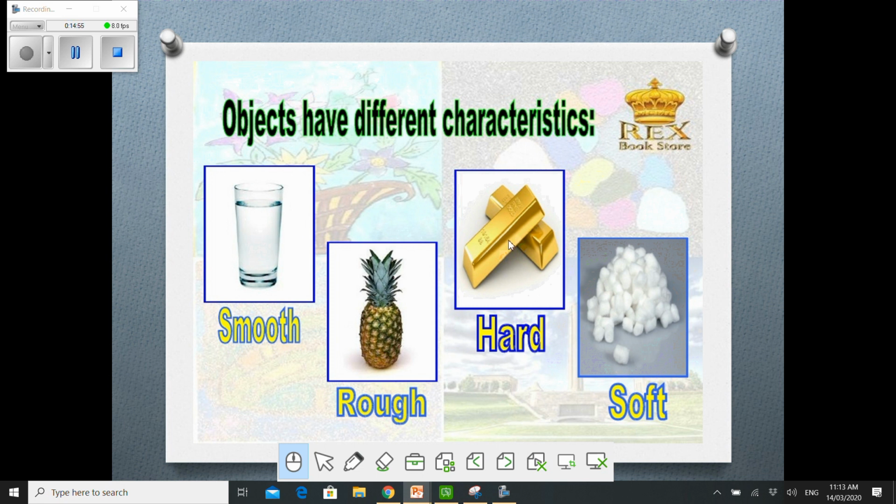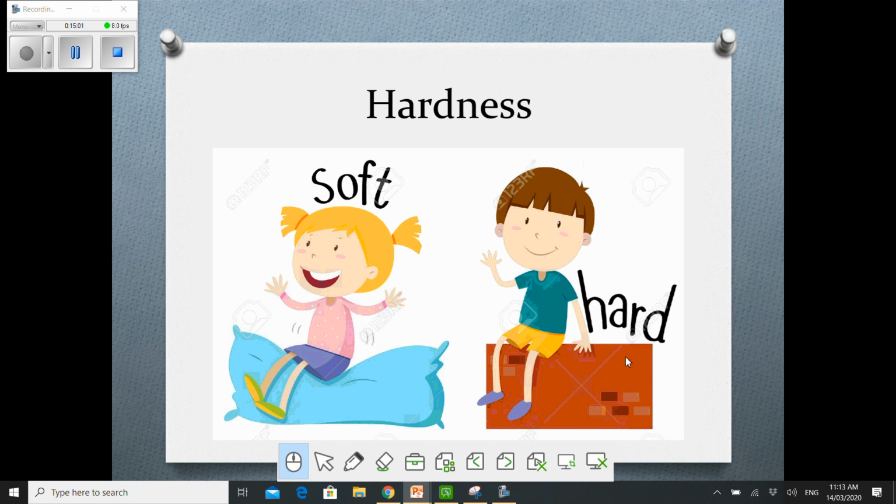Hard, like the gold here. Soft, like the cotton. This girl is sitting on a pillow and this boy is sitting on a wall. The pillow is soft. The wall is hard.